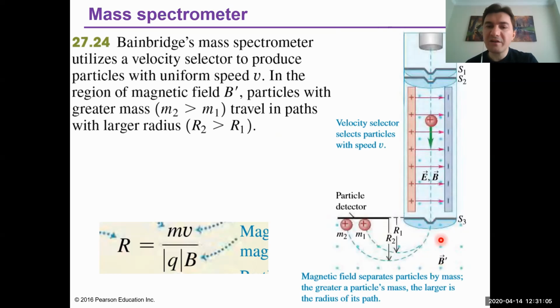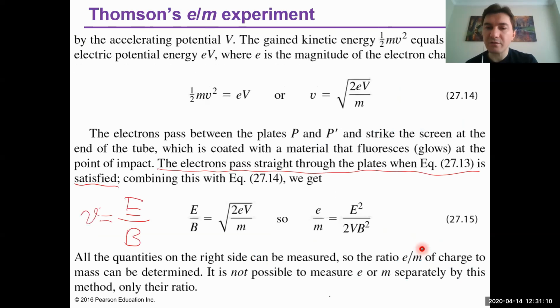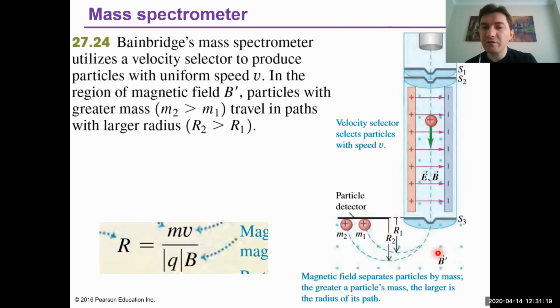Good. But here we have another region which was absent before, okay? Here we have no electric field, but we only have a magnetic field. So due to the magnetic field, there will be a magnetic force in that direction when particles go out from that velocity selector.